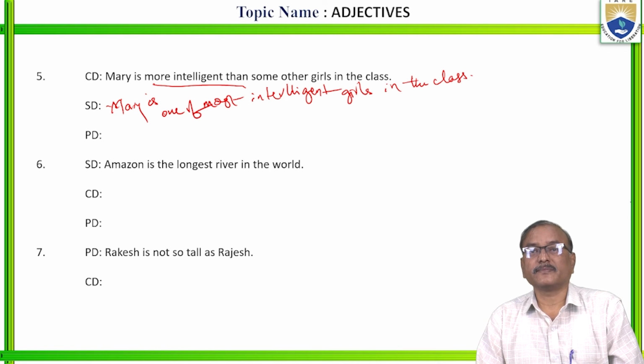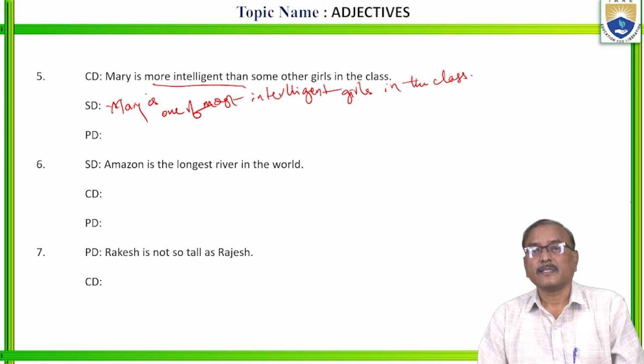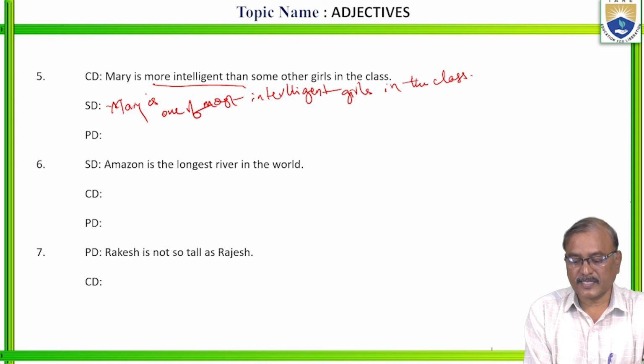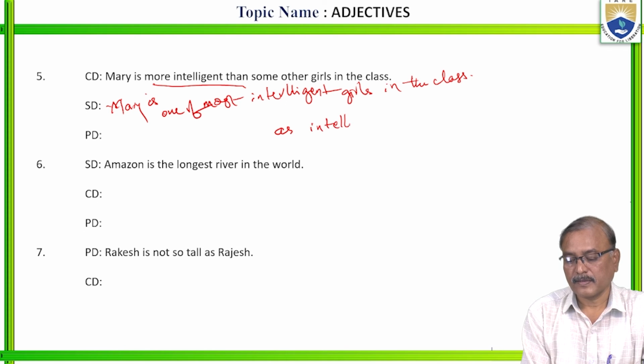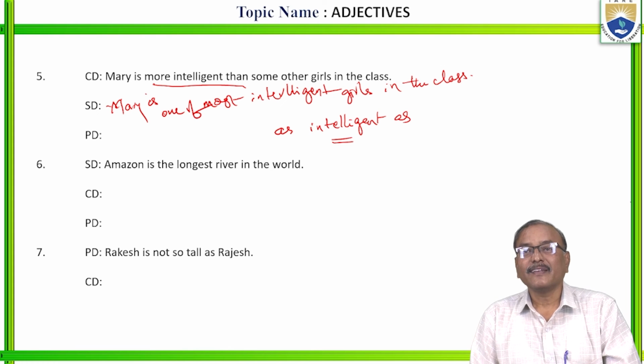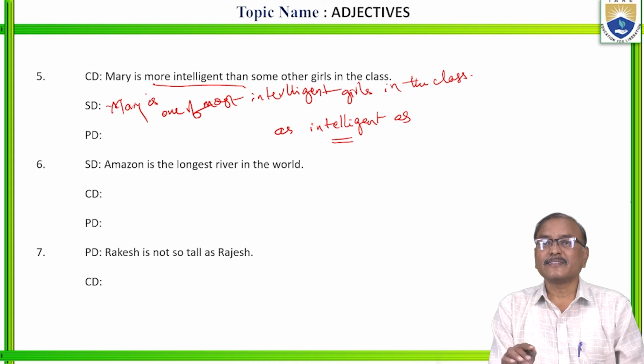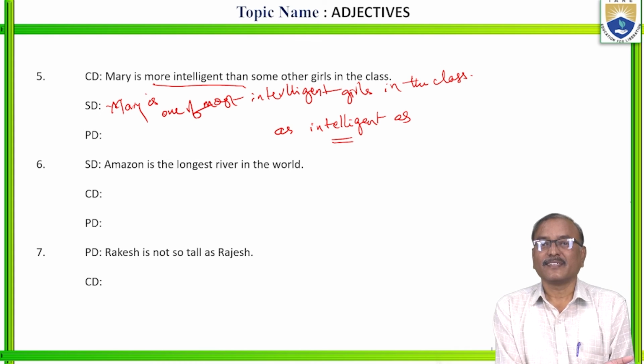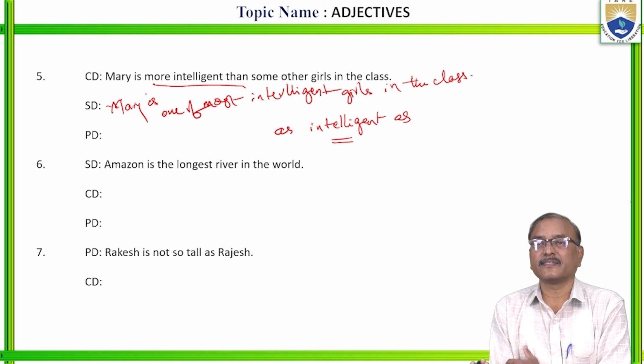Next, positive degree. In the positive degree, write just here as intelligent as. As intelligent as means equal. Is there anyone equal to Mary? She is not the most intelligent, no? She is one of the intelligent girls.